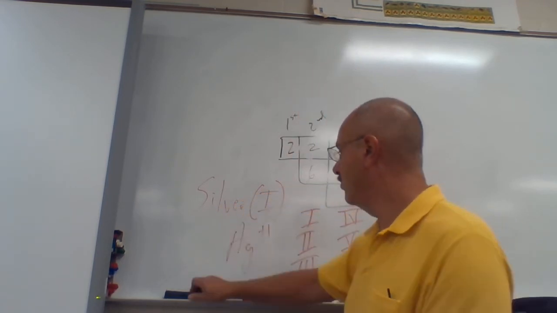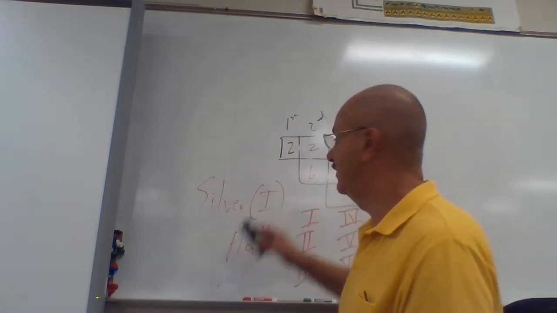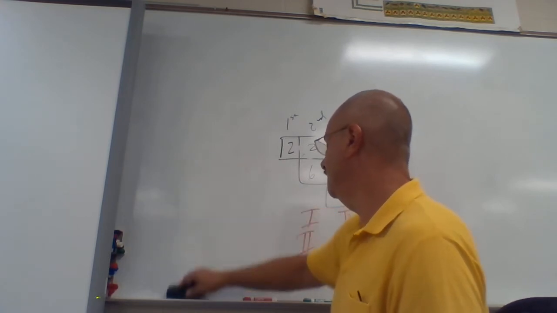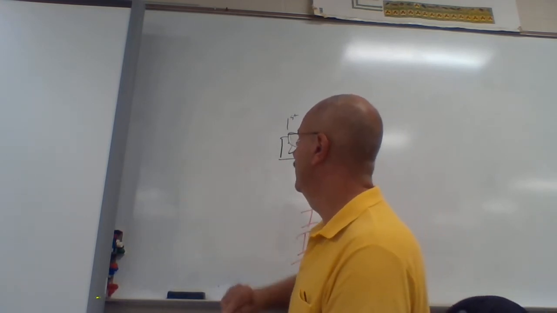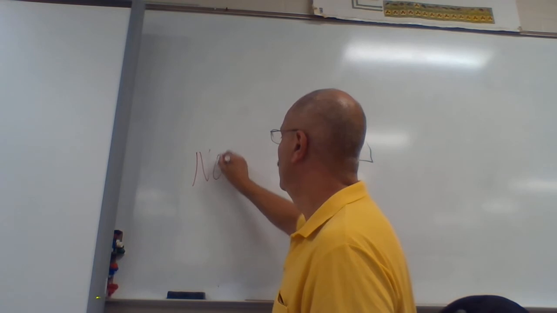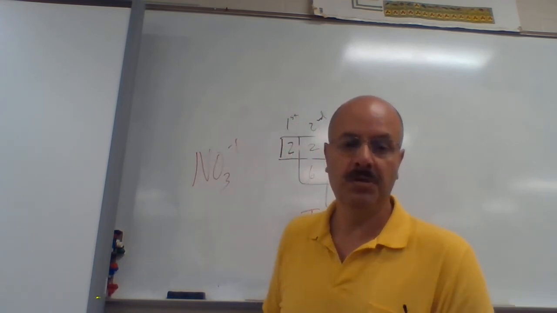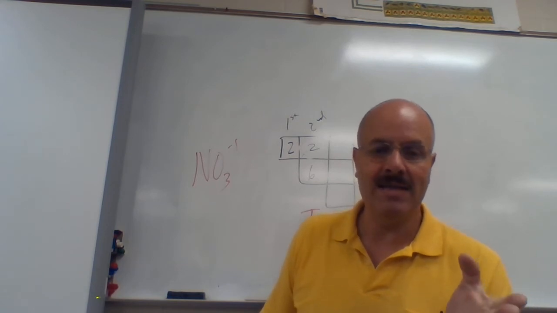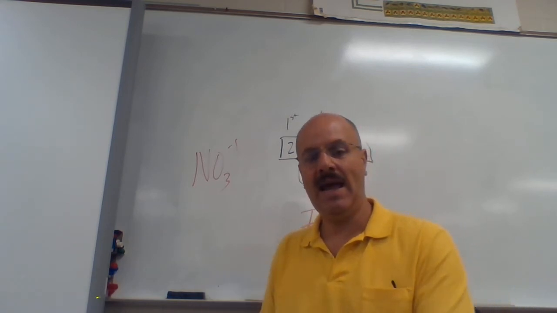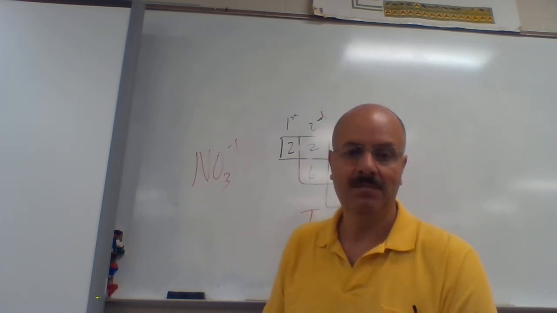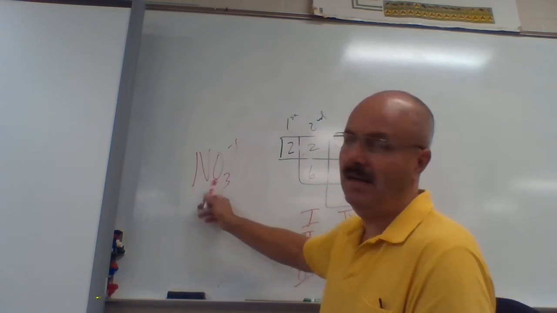And what it means by polyatomic is they actually have more than one atom. Instead of just being the element silver or the element nitrogen, they have things like NO3, and that happens to be a -1. So it's made up of more than one element. That's why poly meaning many, atomic, atoms, many atoms. Right? So this guy is polyatomic.